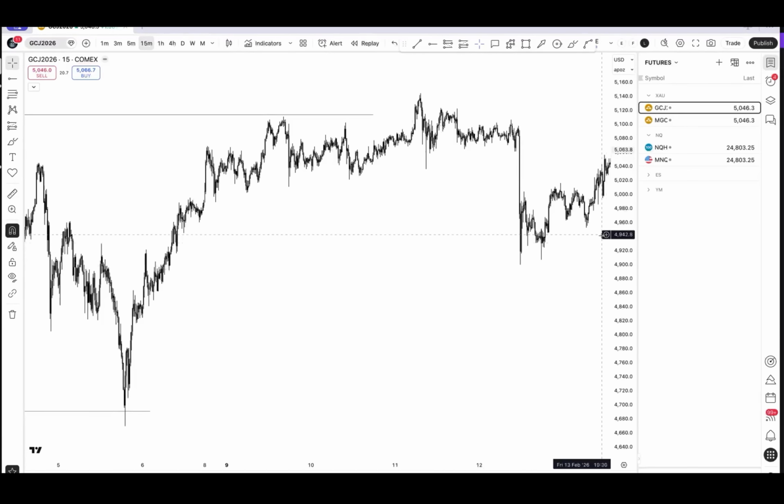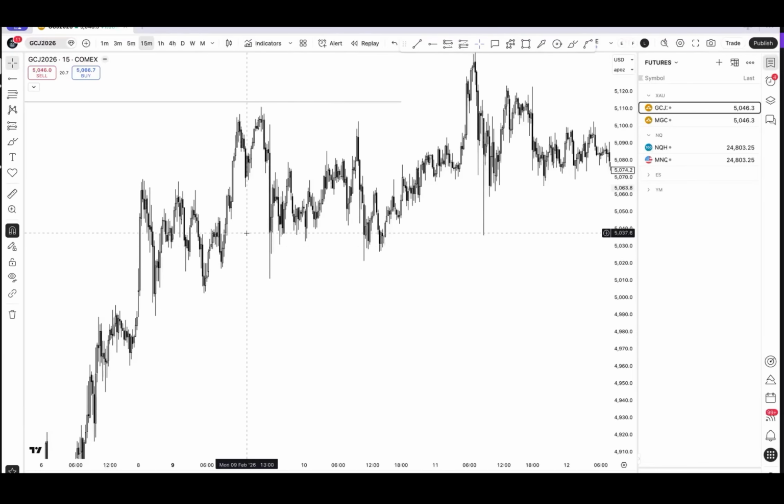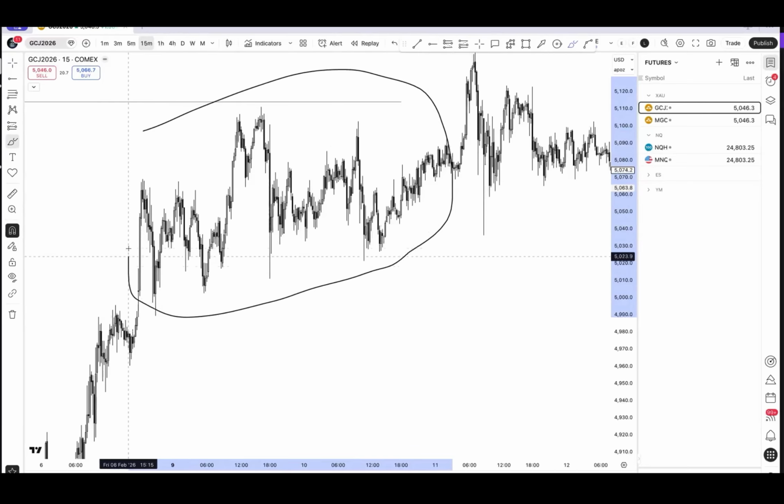So let's go to the lower time frames, because I've seen a lot of people catch some entries in this range. This range wasn't so easy to work with. Here's where I would have said I'm leaving this price action alone.